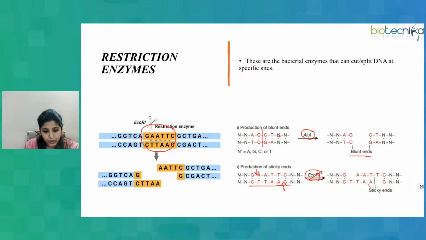Because of this type of digestion, the ends generated are cohesive or sticky ends. You can see there's an overhang region, a single stranded region. And why do we call them sticky ends? Because they can stick back by transient base pairing. That is why they are sticky or cohesive ends.